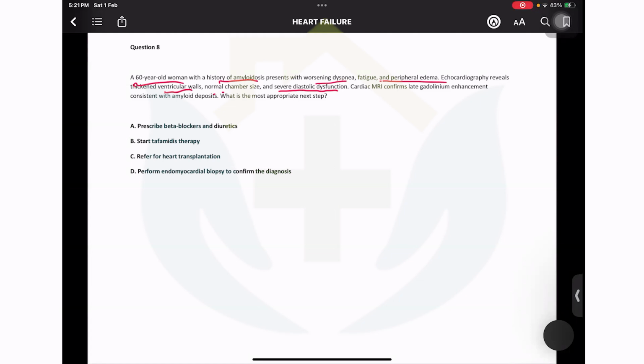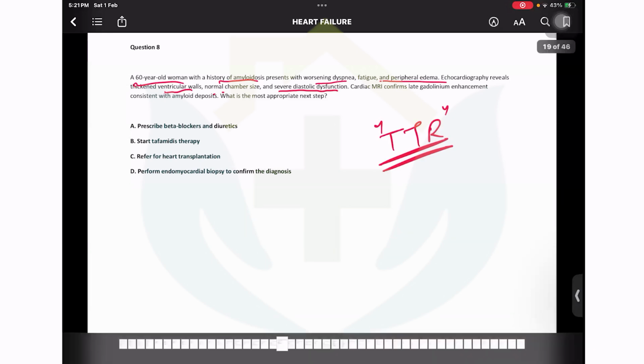The options are beta blockers and diuretics, starting tafamidis, referring for heart transplant, or doing an endomyocardial biopsy. Most likely, heart transplant is possible at 60. Nowadays, this is basically TTR amyloid disease, which we call amyloid cardiomyopathy.